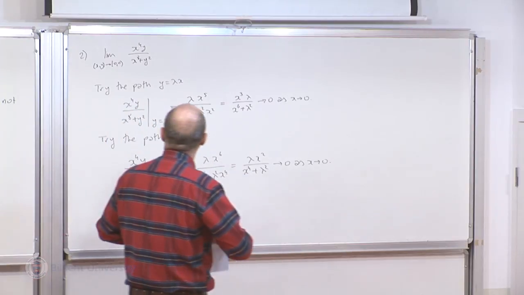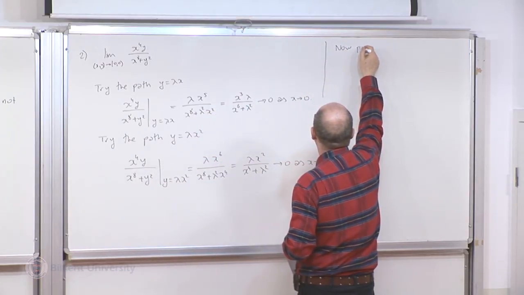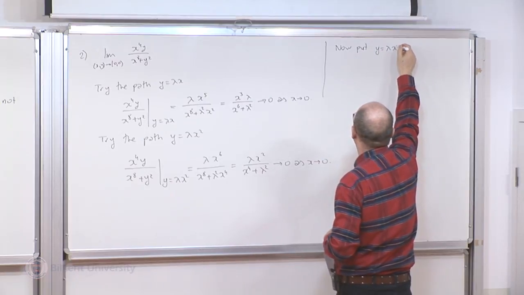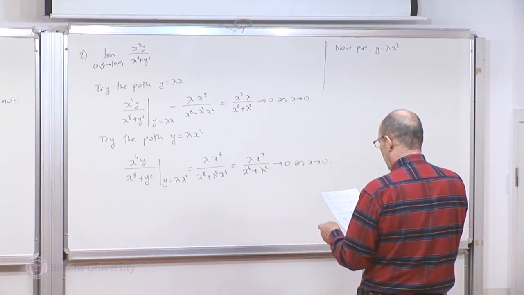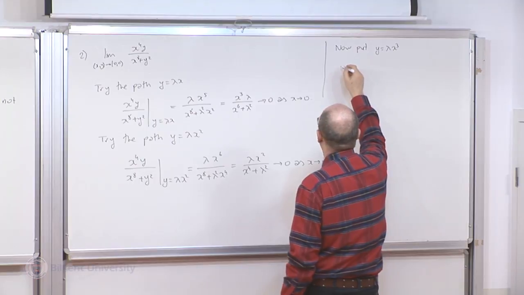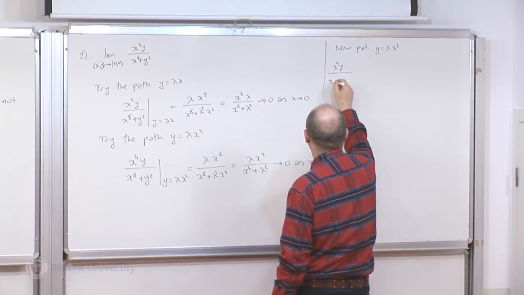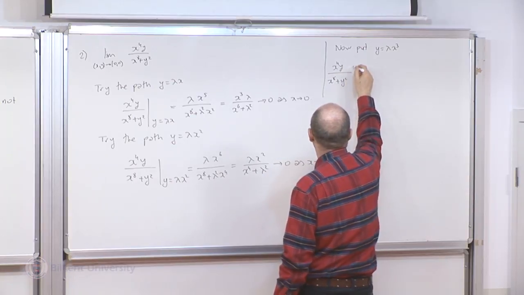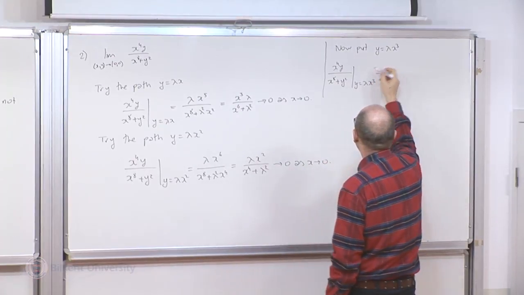So let us now put y equals lambda x cubed. Again I'll write the same thing, x to the 4 y over x to the 8 plus y squared, restricted to y equals lambda x cubed.